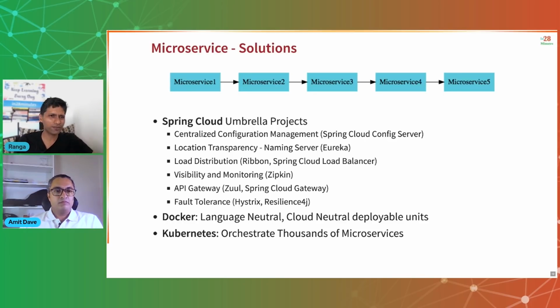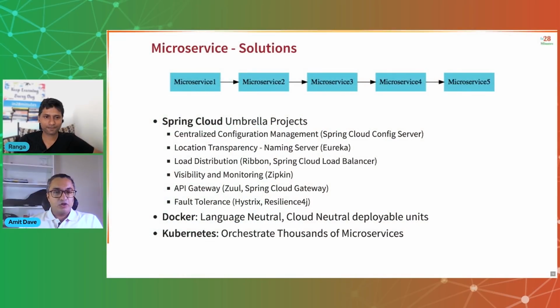very soon, in the last couple of years, I would say Kubernetes has become the de facto container orchestration solution. It provides a lot of these features like centralized config management, location transparency, load distribution, and something similar to an API gateway. Istio is one of the popular options when it comes to Kubernetes. It also makes release management very, very easy. It brought in most of the features that are needed for the microservices architecture.